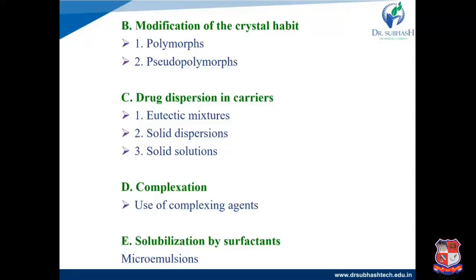Next approach for improving solubility is complexation, that is molecular inclusion or inclusion complex with a complexing agent. Inclusion complexes are formed by the insertion of the non-polar region of one molecule, or non-polar molecules, into the cavity of another molecule, where one is the guest and the second is the host. The complexing agents widely used are cyclodextrins, beta and gamma cyclodextrin.